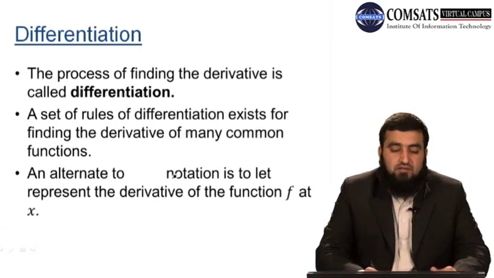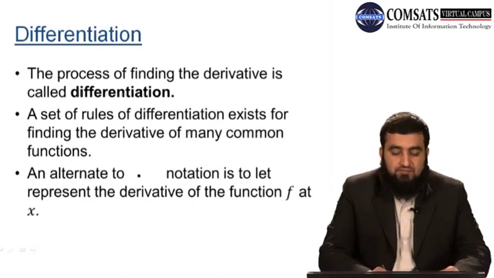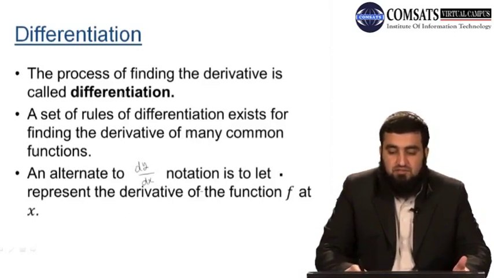So there is an alternate notation to represent the derivative of the function f at the point x. One of the derivative notations, which we studied in the last lecture, is dy by dx. The corresponding alternate notation is to let f prime of x represent the derivative of the function f at x.